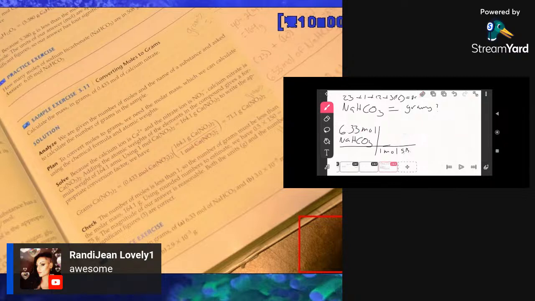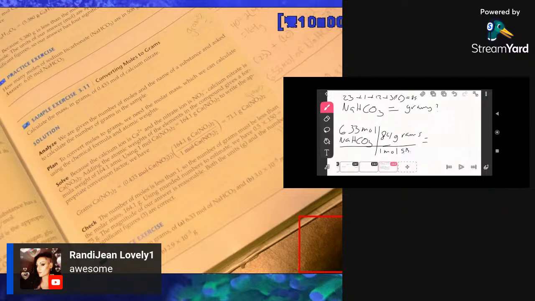Oh, that equals 84. So 1 mole of sodium bicarbonate weighs 84 grams. Yeah, 84 grams. And then that's going to equal.